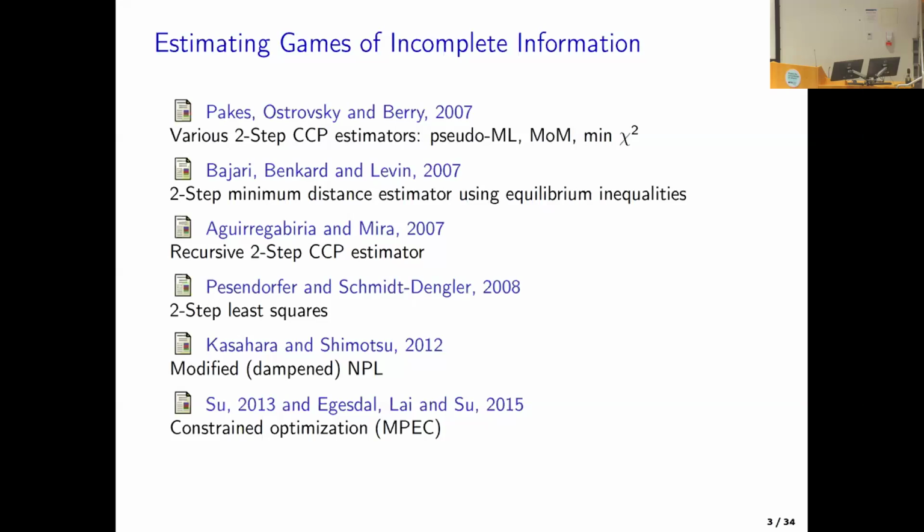And then the next one. One of the challenges, like Victor alluded to, is it's actually hard to estimate these conditional choice probabilities, especially when you have lots of states, lots of players. They're going to be high-dimensional objects, and you only have so much data, right? So how can you do a nonparametric estimation of all that? And so that's why Aguirregabiria and Mira suggest this recursive updating of the conditional choice probabilities using the best response mapping.